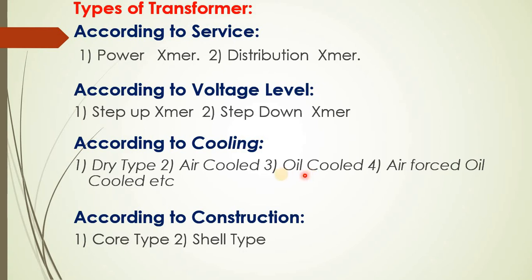Oil cooled means there is oil in the transformer tank, and that oil will collect the heat from the core and winding and transfer that heat to the outer casing, that is the body of the transformer or the transformer tank. That will transfer it to the cooling fins, where the temperature of the oil will decrease, so cooling is achieved.